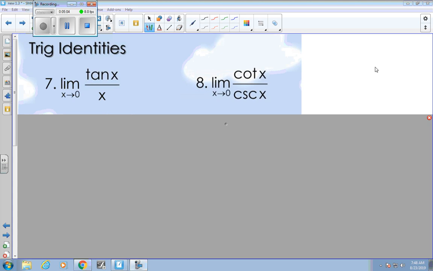So first off, how can we rewrite tangent of x? What's tangent the same as? Sine over cosine. So this is equal to the limit as x approaches 0 of sine of x over cosine of x, and this is all over x over 1.